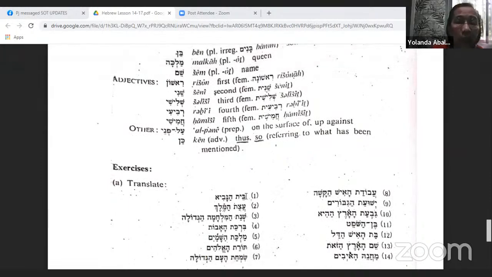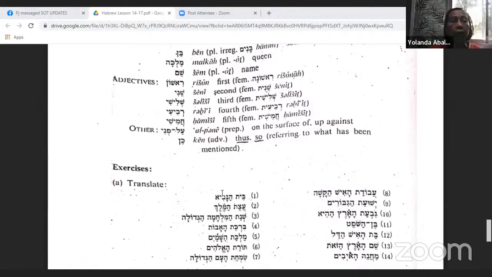We have Beth Hanavi. No, not Bayet. Beth Hanavi. The house of the prophet, or the prophet's house. Achat Amalek. Alright.